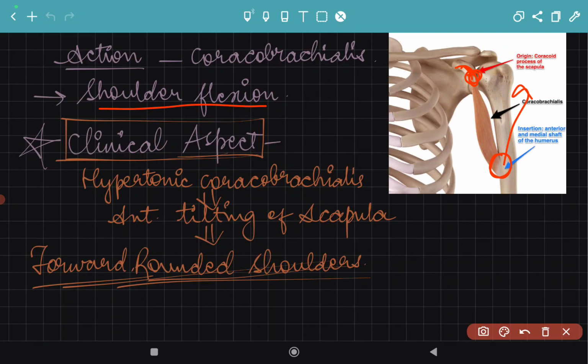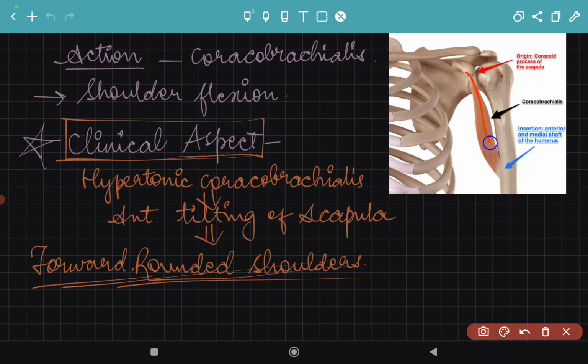As we know, the muscle fiber orientation is in this manner. If there is a hypertonic coracobrachialis, where the tone is increased and the muscle is in a contracted state for a longer period of time, or there is tightness of this muscle, this hypertonicity will result in anterior tilting of the scapula.